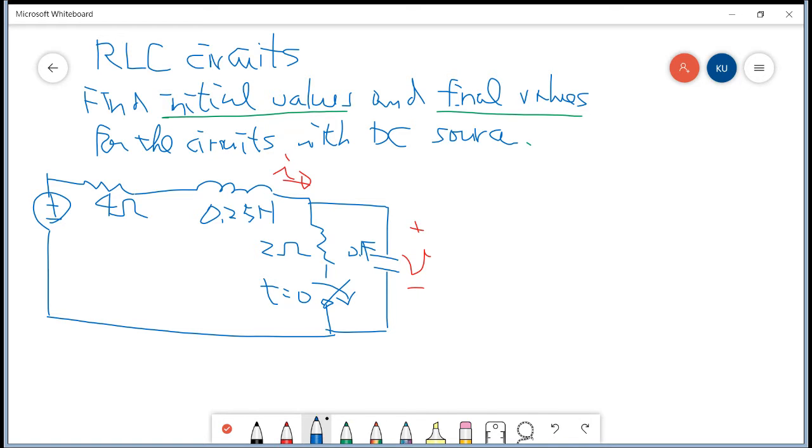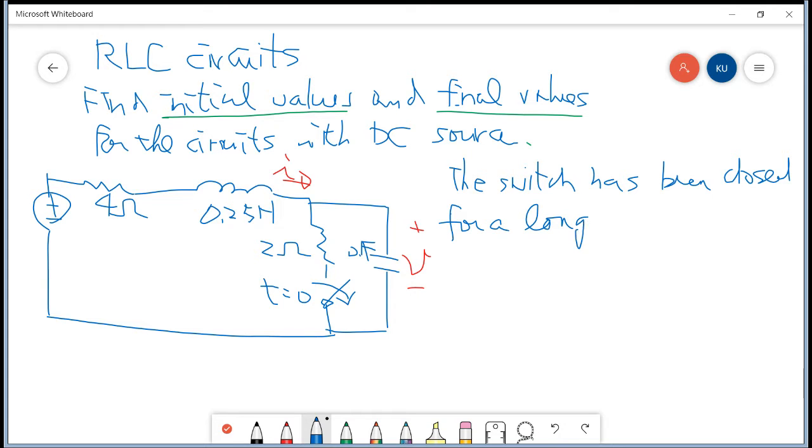In this question, the switch has been closed for a long time, which means it is at the steady state.